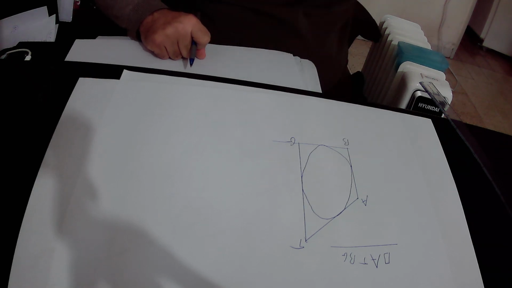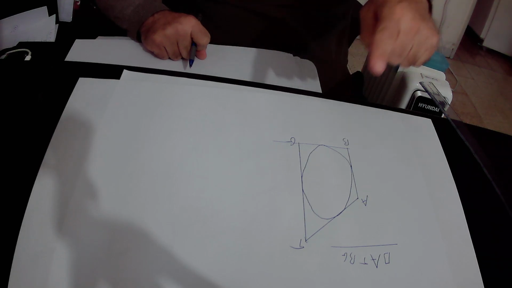The quadrilateral touches the circle at 4 points, or the circle is tangent to the quadrilateral at 4 points.